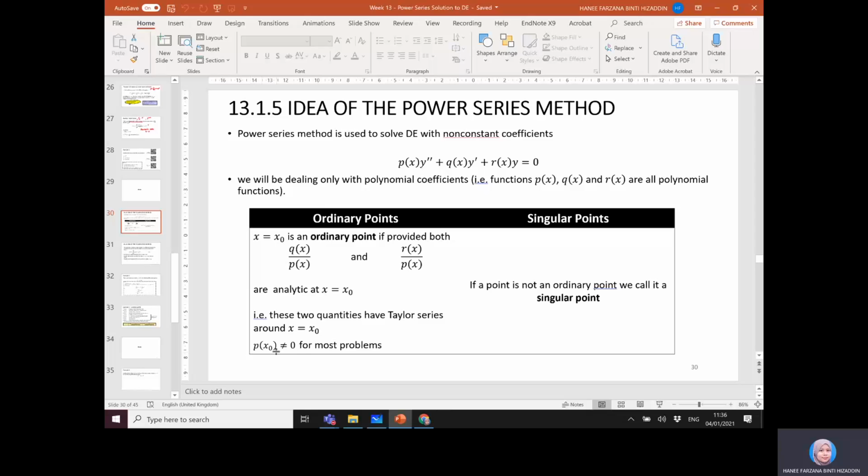And for most problems, P of x naught is not equal to 0.